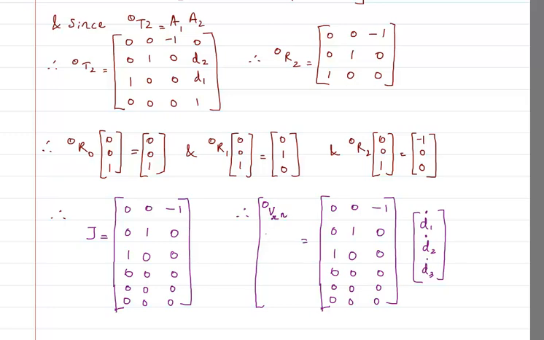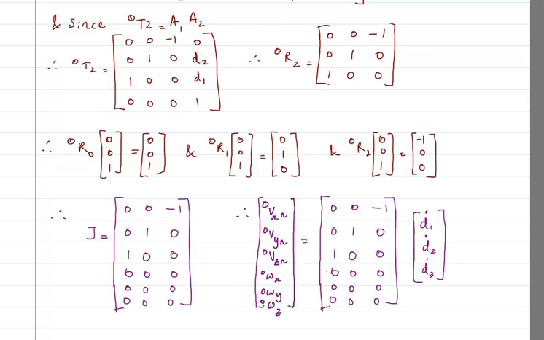Similarly, the velocity in y direction of the nth frame, the velocity with respect to 0 in z direction of the nth frame, and then we have 0 omega x, 0 omega y, and 0 omega z. So this is how we write.